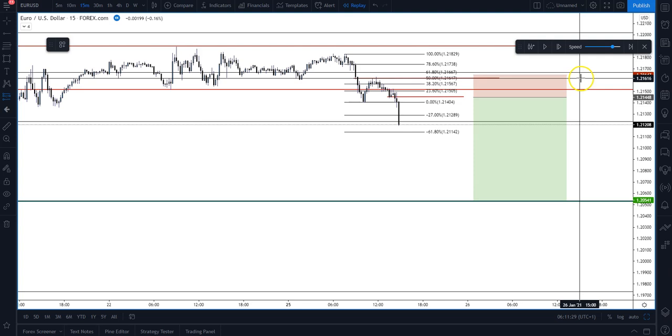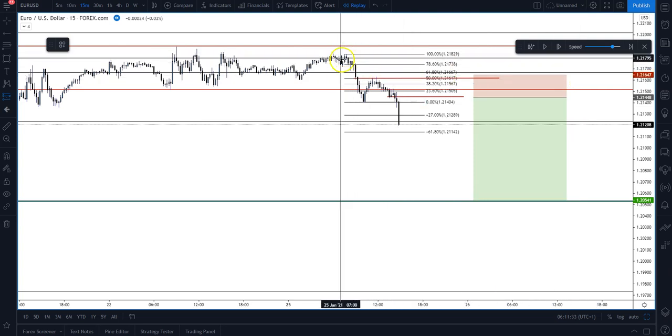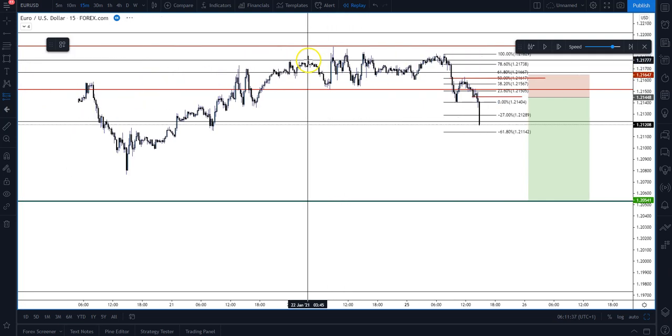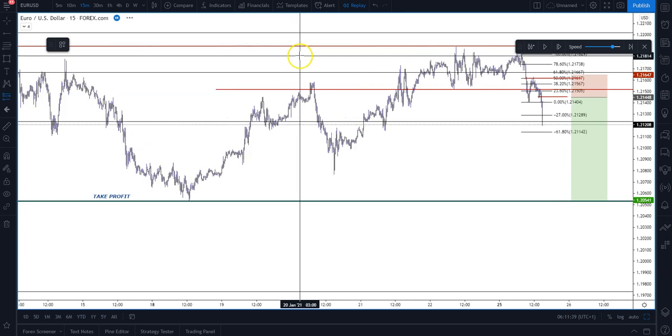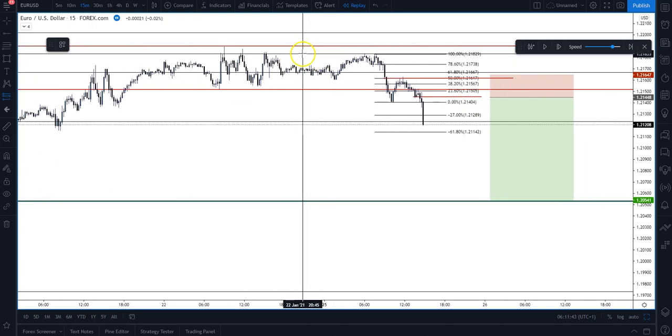And advanced entry with Fibonacci. This is the actual advanced entry up there. We had a double top and a doji, and that was the resistance zone.